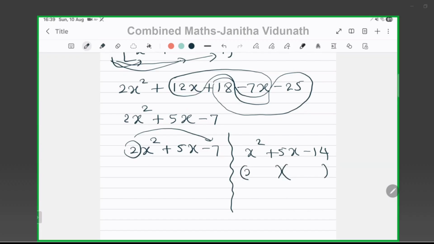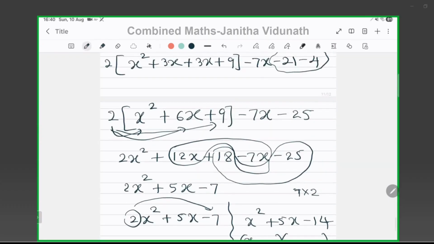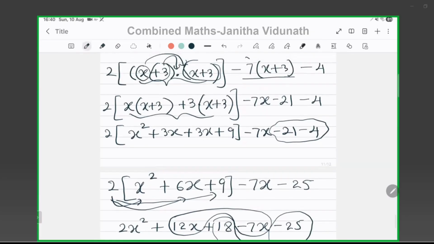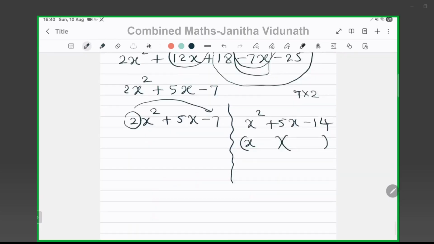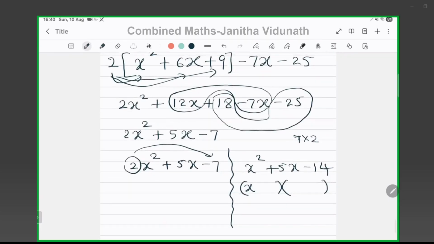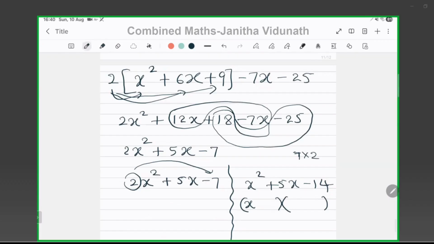We need 14: 7 times 2. Minus 14 we get as 7 times minus 2.